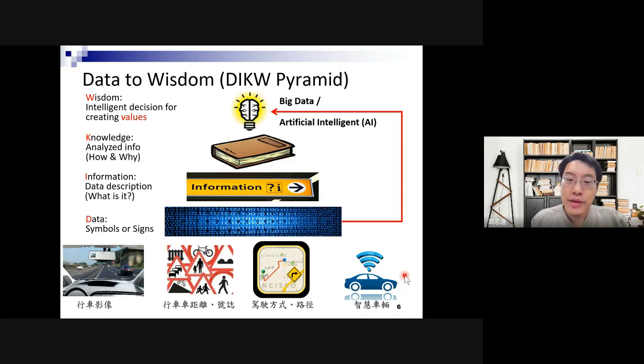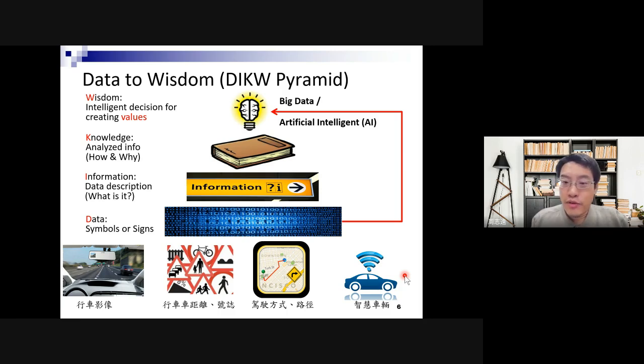Big data tries to process, store, and analyze a huge volume of data in order to extract the knowledge or the information. But at the end, we still need to achieve wisdom and make intelligent decisions. That difficult task is AI.